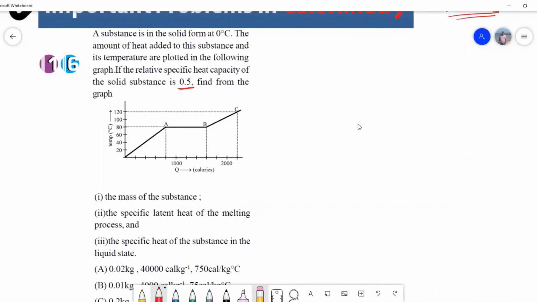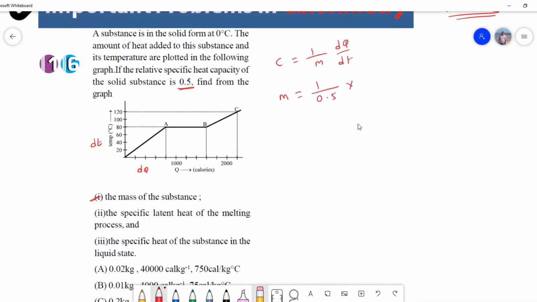The first thing we need to find out is the mass. Here, this is dQ and this is dT, temperature. We all know that specific heat is 1 by m into dQ upon dT. I need to find out mass. So 1 by c is 0.5 into dQ.